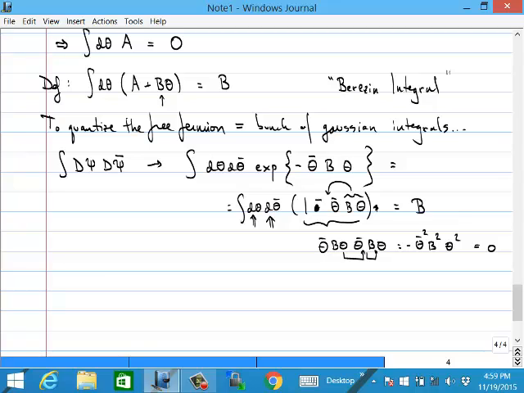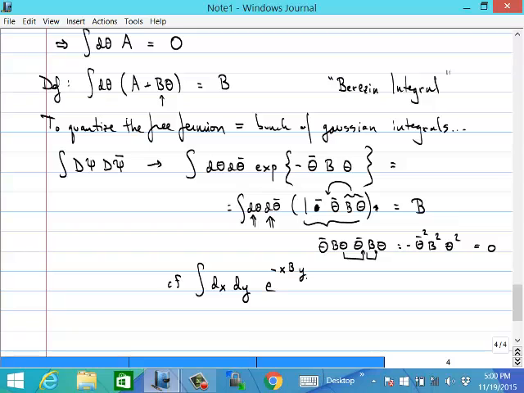Okay. So this is the standard Gaussian integral that you might do when you do the quantization of a fermionic field. And you should compare this to the kind of thing that you would do when you did, say, a Gaussian integral in normal calculus.